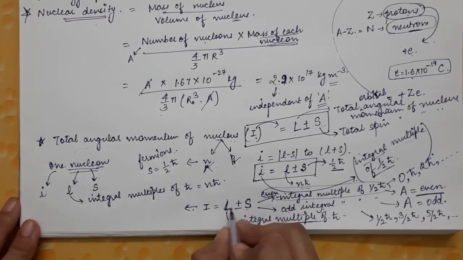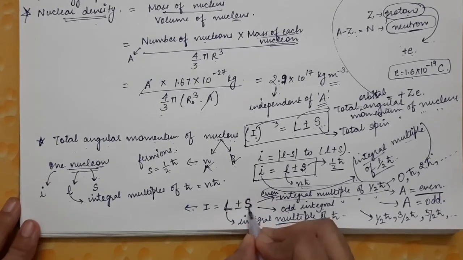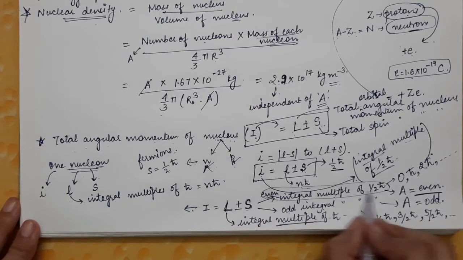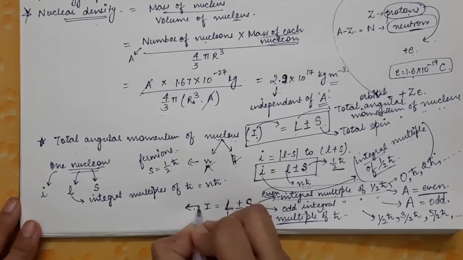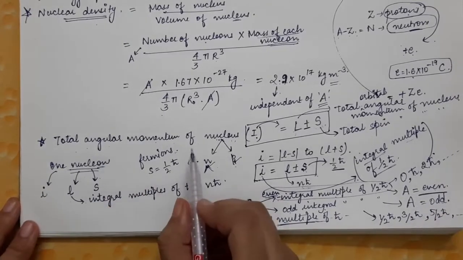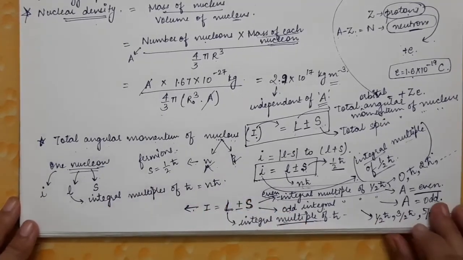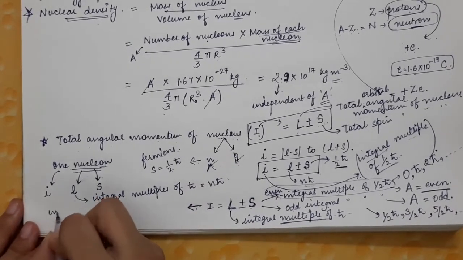So capital L will take integral multiples of h cut, but there is a condition on capital S, and the conditions are shown over here. So what are the values which will be taken by capital I, which is the total angular momentum of the nucleus? So the values of capital I will be integral multiple.